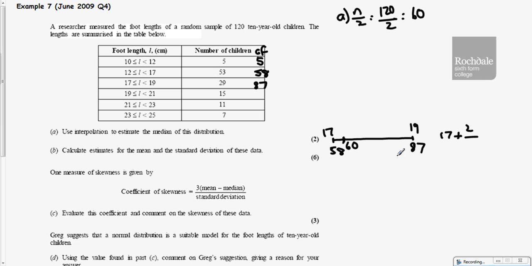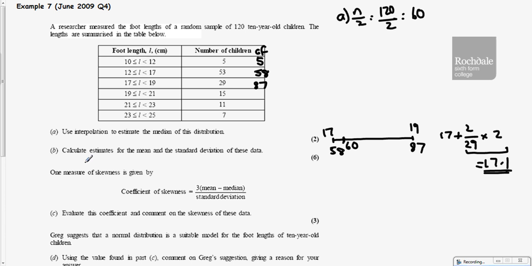Well, 58 up to 87, that's 29 values. So we want 2 out of those 29, multiply it by the class width, which is 2. Remember, we work that second part out first. And if you grab your calculator and work that out, I think that works out to be 17.1. That's the 3 significant figures.